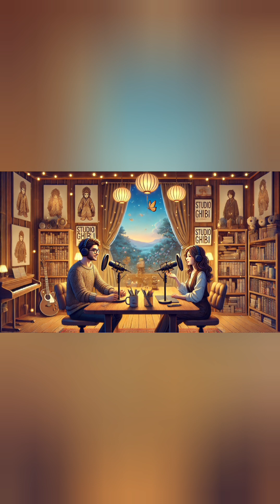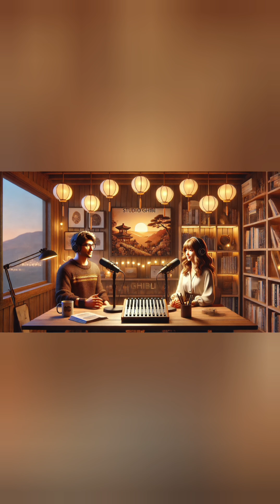Before we get into the nuts and bolts of it all, maybe we should spend a minute talking about what makes that Ghibli style so special. What is it that makes it so visually captivating? The Shiv Official podcast did a great job of breaking down some of those key visual elements. First off, you've got those soft, almost watercolor-like textures.